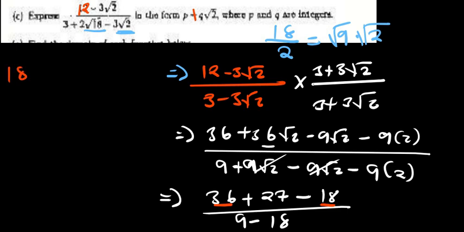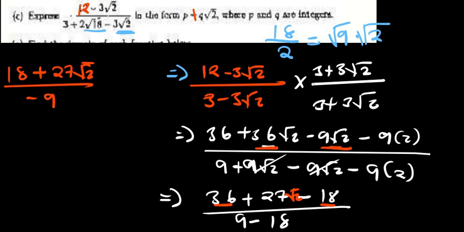So I have 18 plus, when I add this, I forgot the square root. So this and that is 27 root 2. Divide that by 9 minus that, which is negative 9.